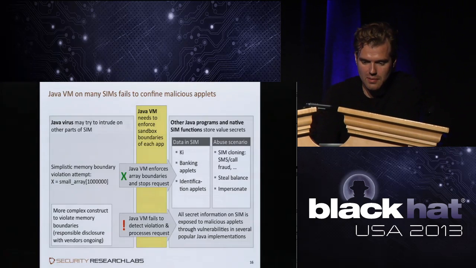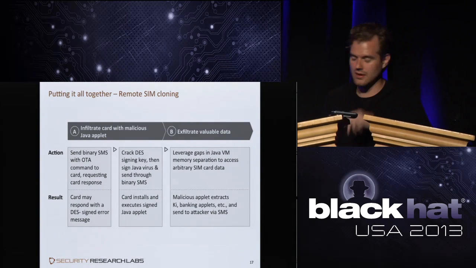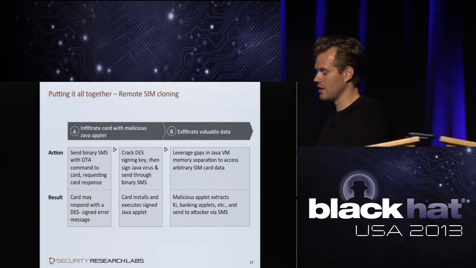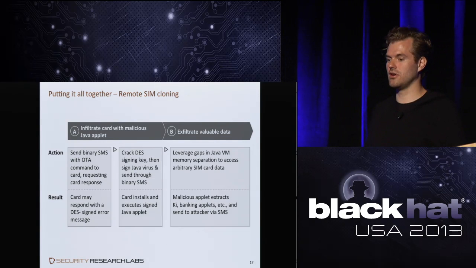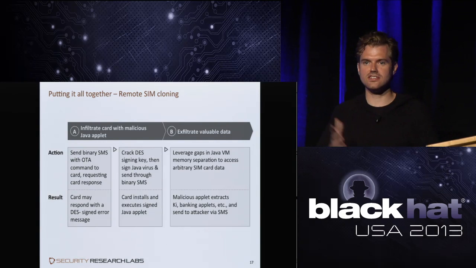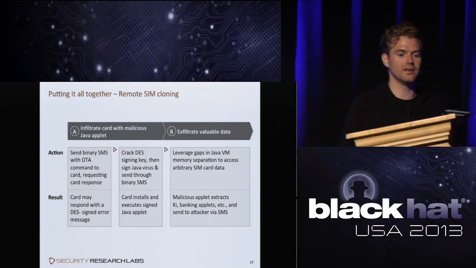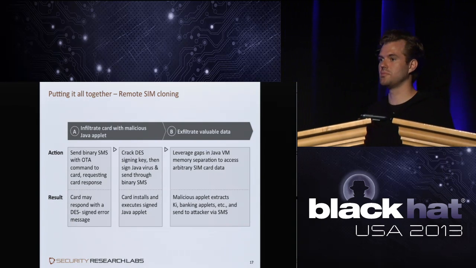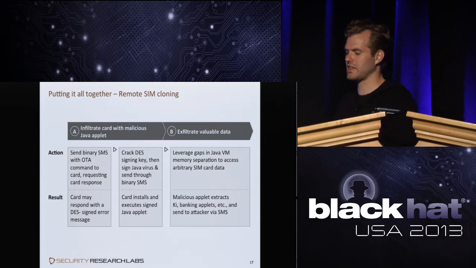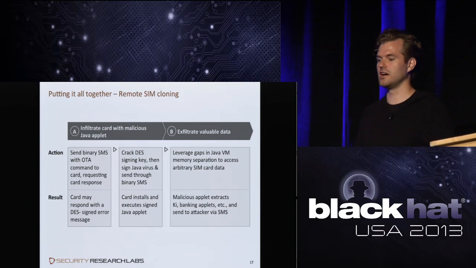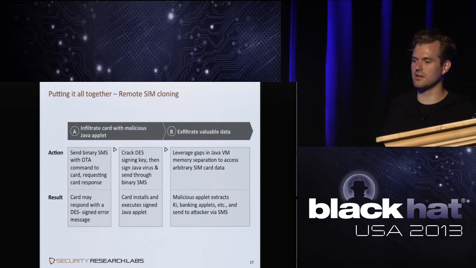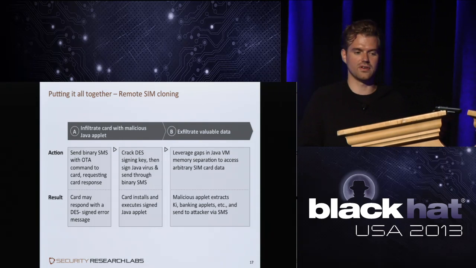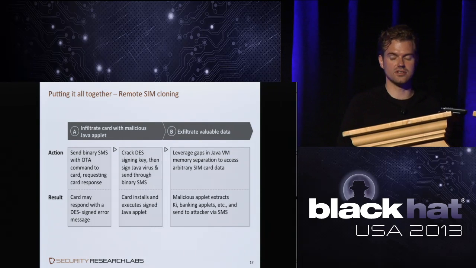So just to wrap up what an attack could look like. You start with a range of phone numbers, either guessed or collected in some other way, and you send binary text messages to a bunch of them, tens of thousands if you want. There's definitely SMS spamming operations going on that cover millions of devices.